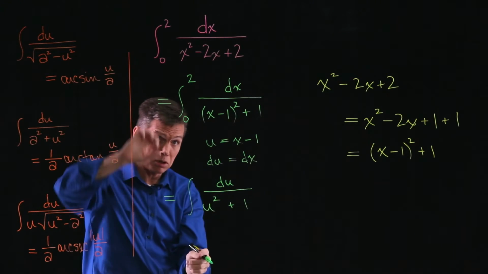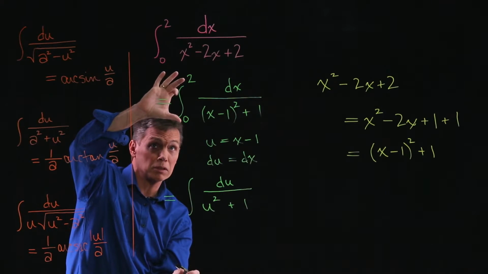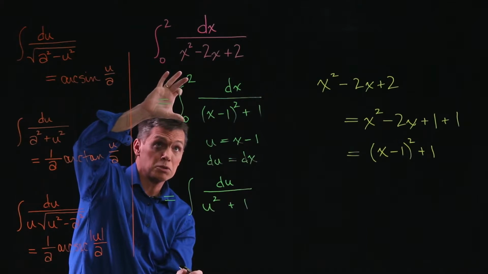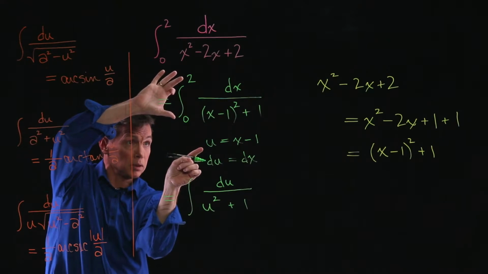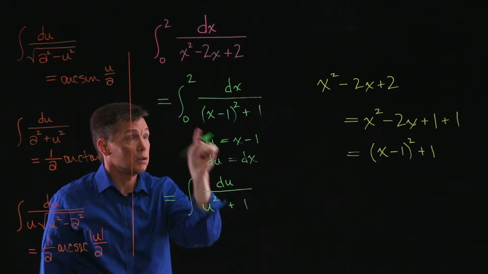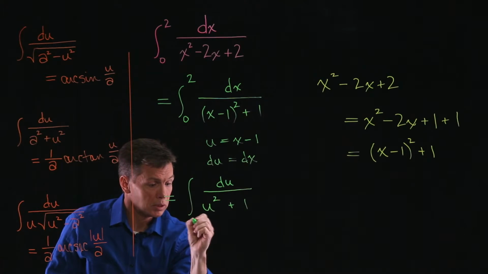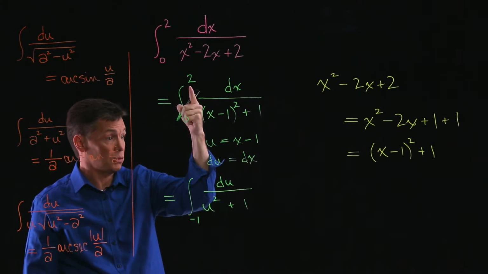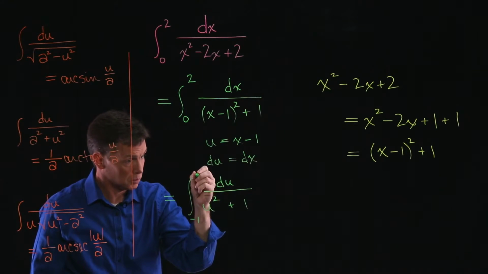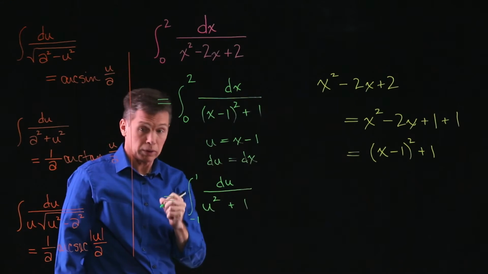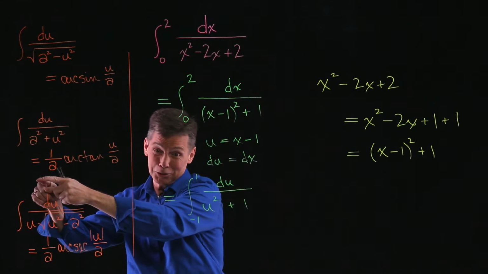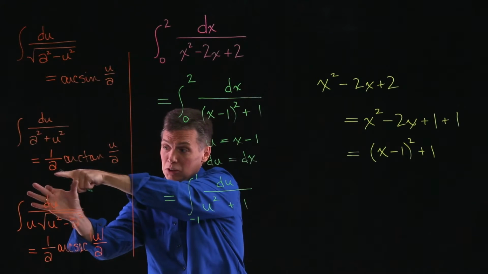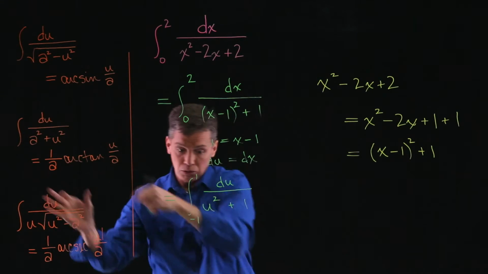And before I continue though, I don't want to forget that this was a definite integral. So my limits of integration were x's. I just need to convert them into u's using that equation. So when x is 0, u is minus 1. When x is 2, u is 1. Okay, now the formulas are really all about getting an immediate answer. Once you match this formula, you know that that's your answer.